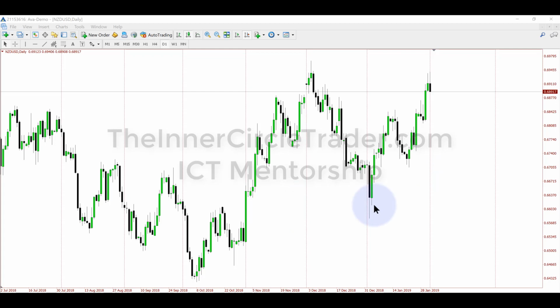When this low forms and rallies back through this swing high in here, once that's broken, market structure is essentially bullish. Even though it's traded all the way back down to here, it's bullish. Why?